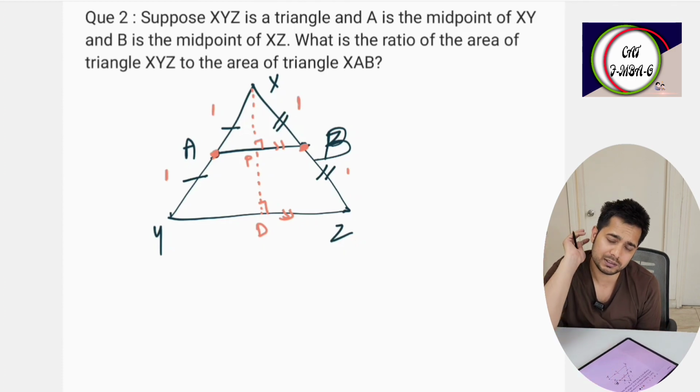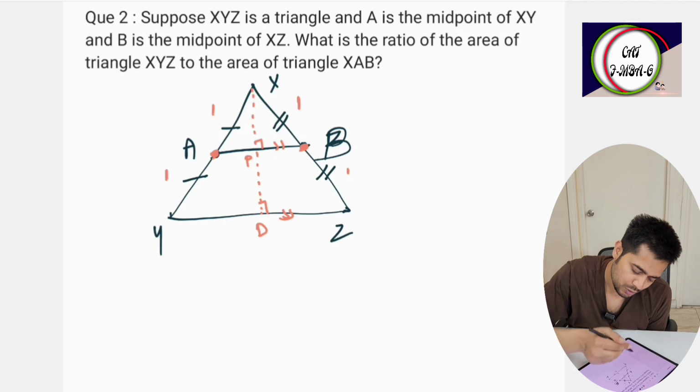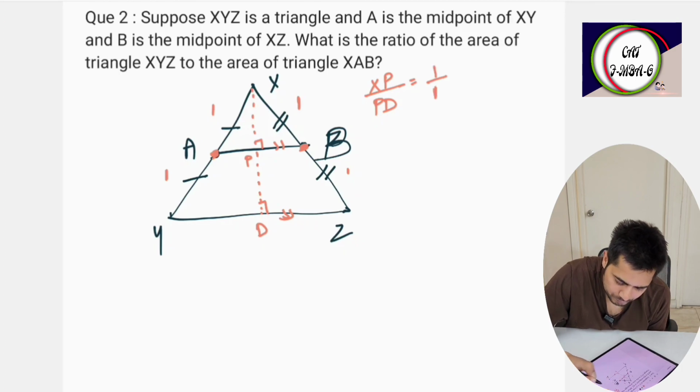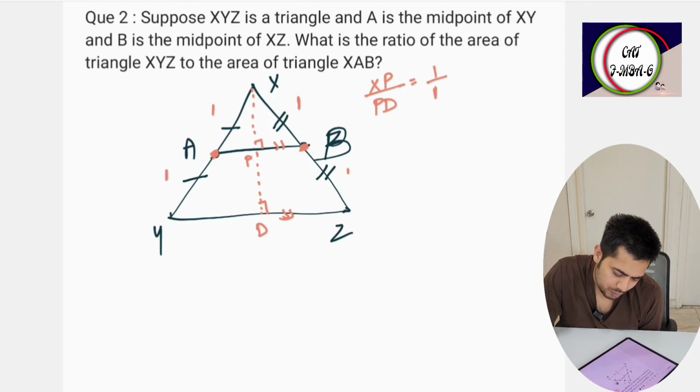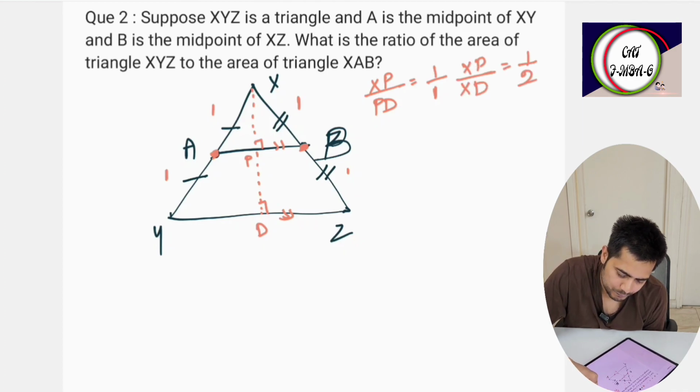So all the lengths or everything of this triangle is going to be divided in the same ratio. So for the altitude, XP by PD is also going to be 1 is to 1, or XP by XD is going to be 1 by 2.